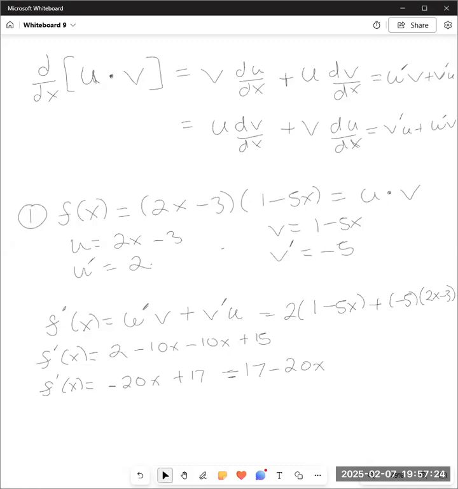Let's go ahead now and look at number 3. Number 3 also has an f of x on the left-hand side. And says that we want 6x minus x squared times 4 plus 3x.